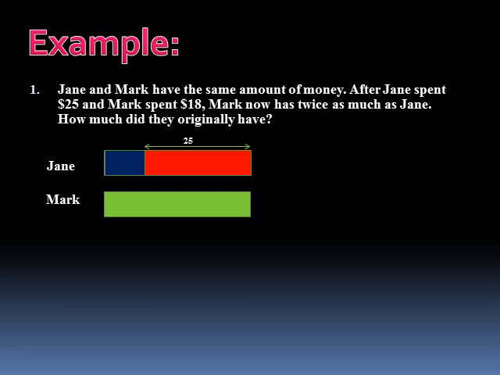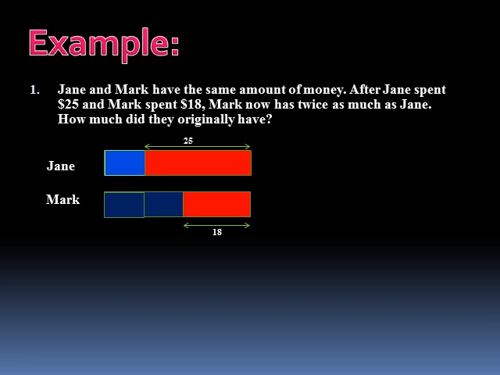But after she spent that and Mark also spent 18, Mark has twice as much money left. So if Jane has 1 blue box left and Mark has twice as much, then these blue boxes represent the money that Mark has left after spending $18. So the remaining area there will be your 18.